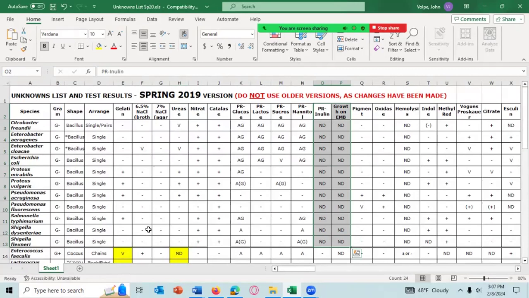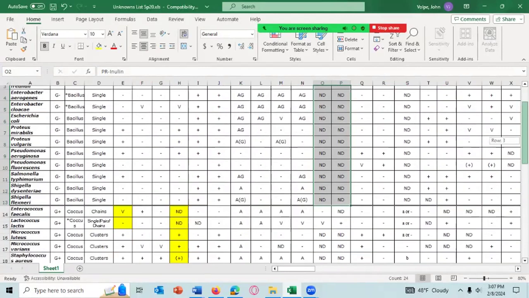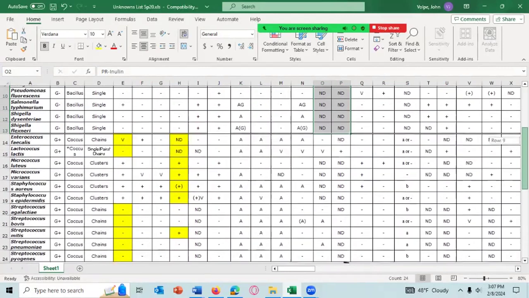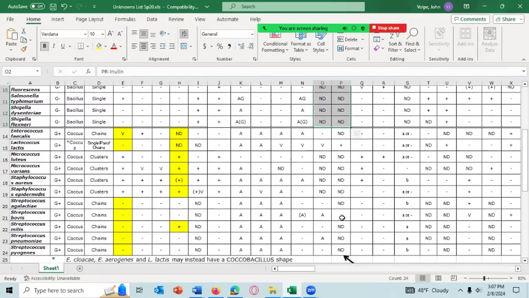They're never done on the gram negatives, so we have no data for the entire list of species we have there. And you'll notice that some of them, like this one here, there's only 2 that we have data on, and then the others are no data. Hopefully you've narrowed it down to these 2, and then this test can help you. But otherwise, doing this test early would not be a good idea.